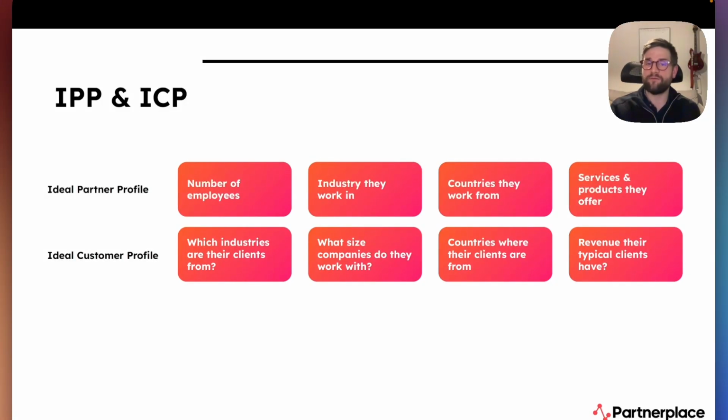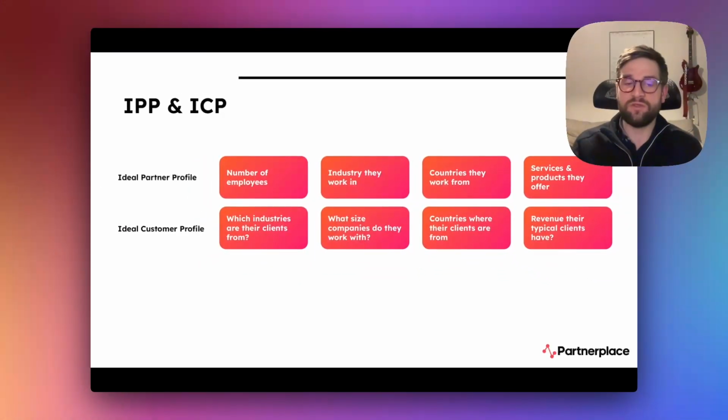Which industries are they from, what size companies do they work with, which countries are their clients from, and what revenue are they typically generating. And when you have those and you compare them to the ICP and IPP of the ideal partner that you chose to work with, you will be able to see if they are worth your time, if they are worth investing the time in this partnership.